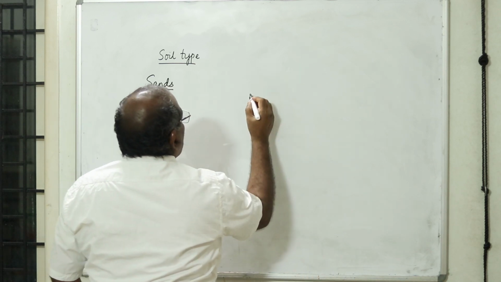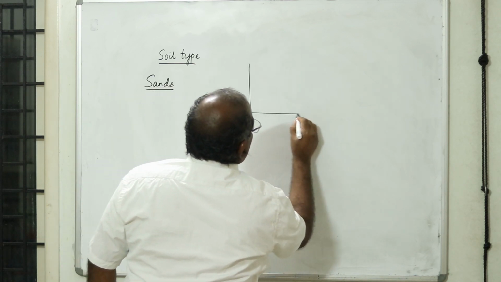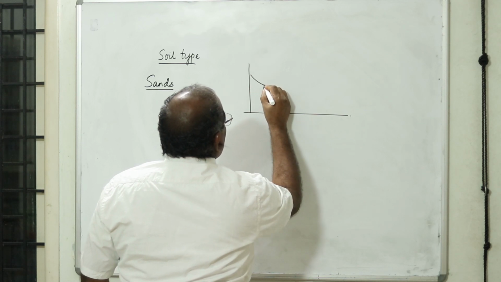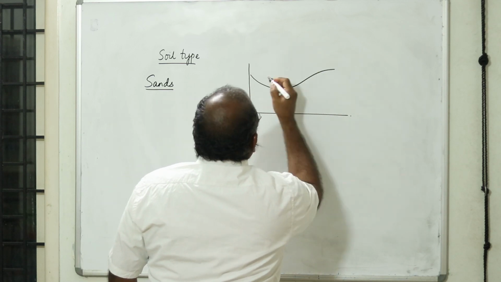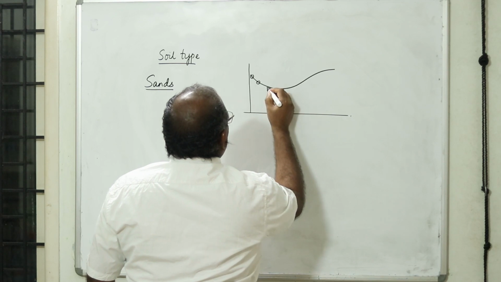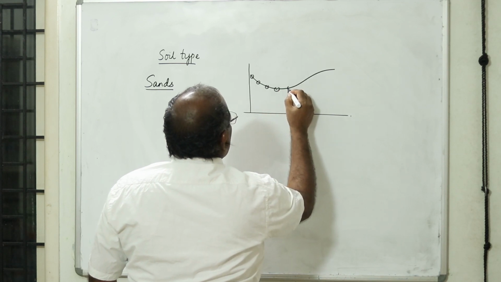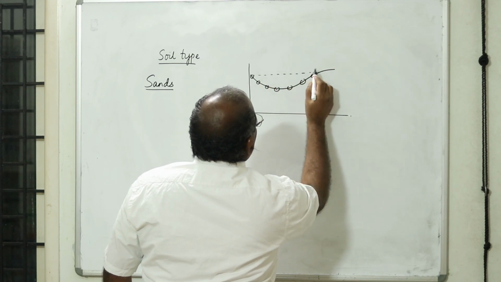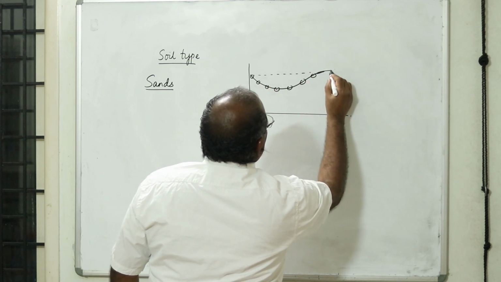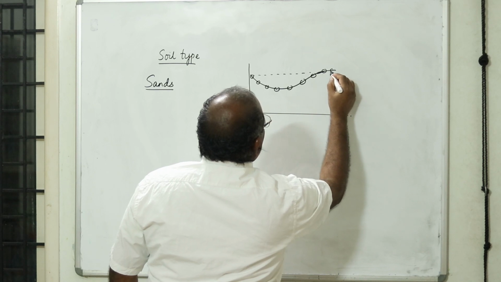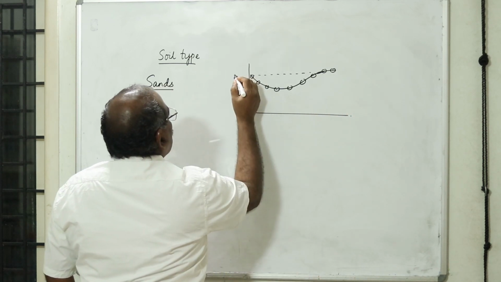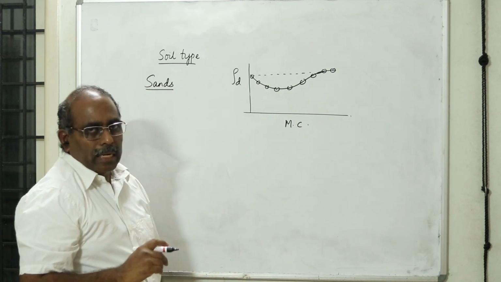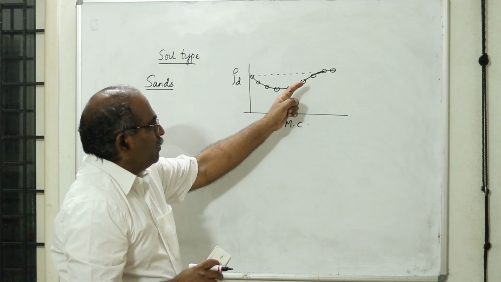If you try to plot the variation of the density, now we will get points like this. Now this is the typical plot for a sand, the variation of density with water content.